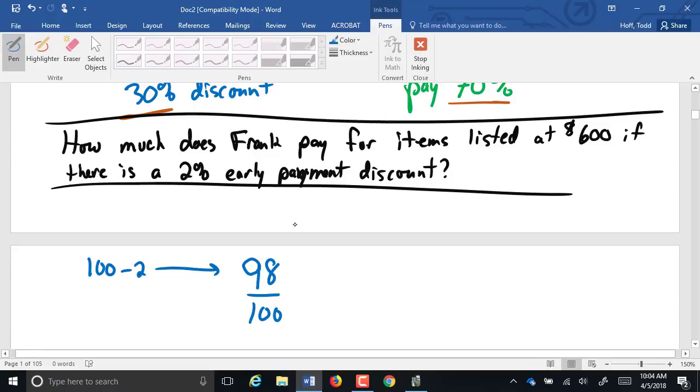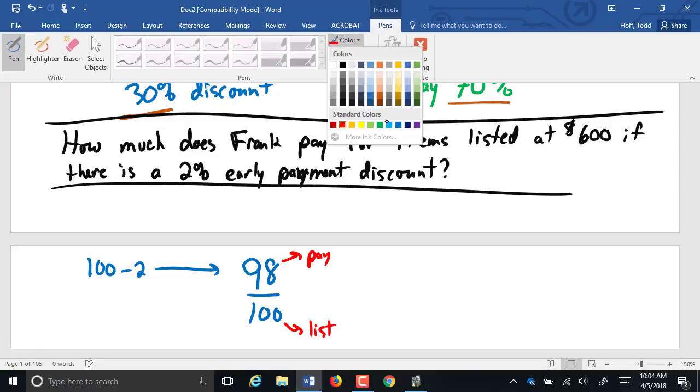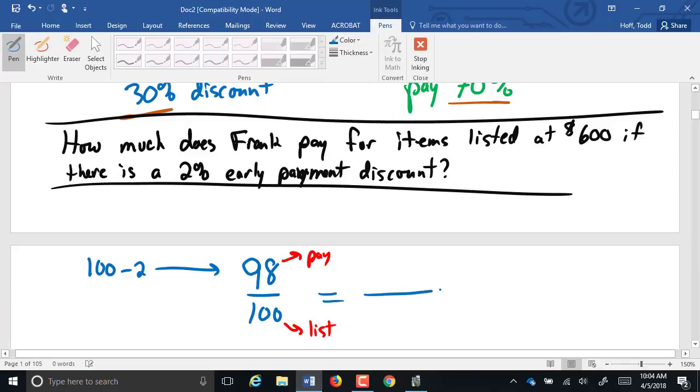So Frank is going to pay 98% of that list price. So the 600 is the list price. Find what Frank pays. 98 times 600 divided by 100 is $588. $588 was paid.